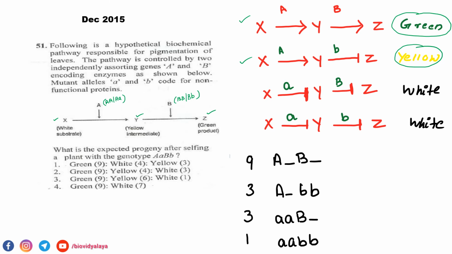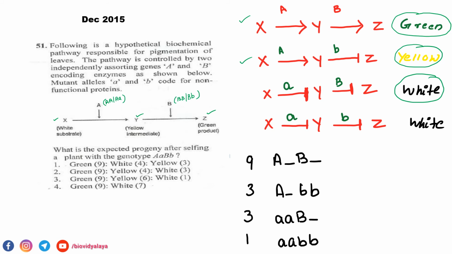If the mutant form of the gene A is present instead of the dominant form of gene A, then the white color substrate will not convert to yellow color intermediate. If the yellow color intermediate is not there, the green color product will not form. So the color of the leaf will become white.